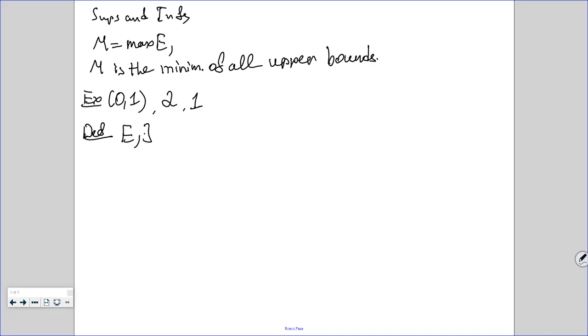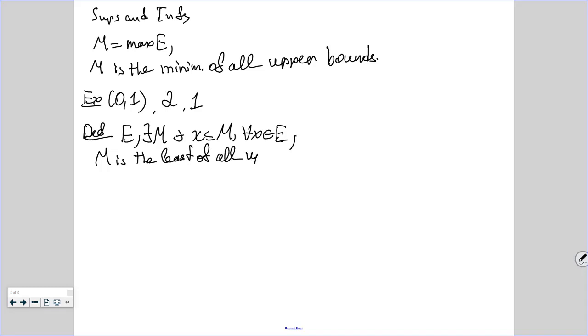That means there exists M such that x is less than or equal to M for all x in E. If M is the least of all upper bounds, then if C is also an upper bound of E, M should be less than or equal to C. Then we call M the supremum of E.